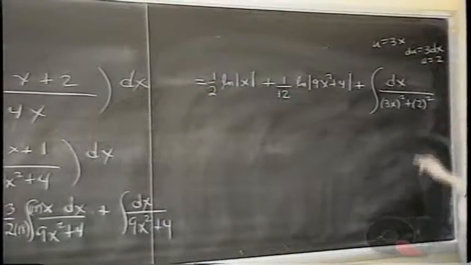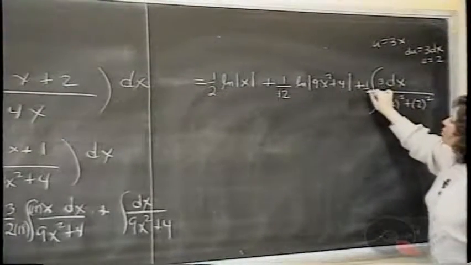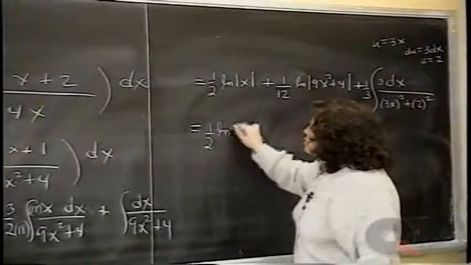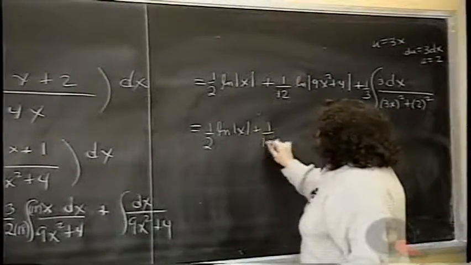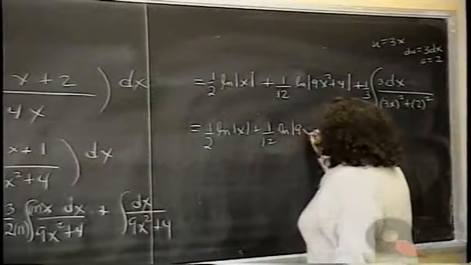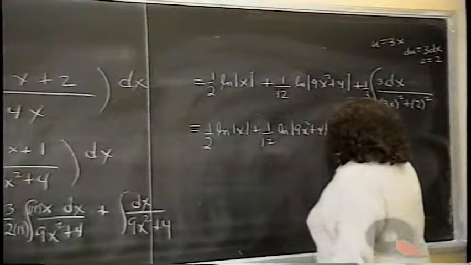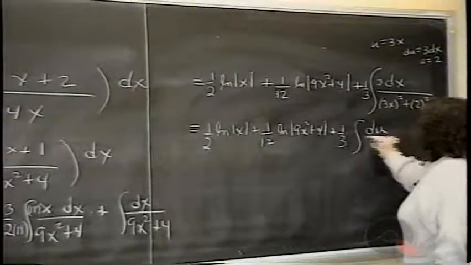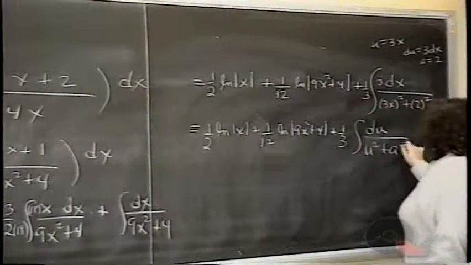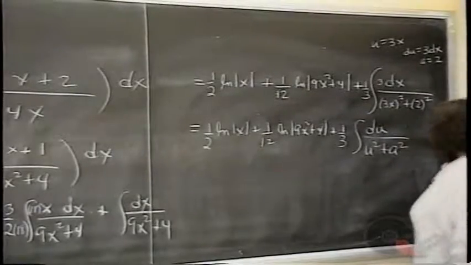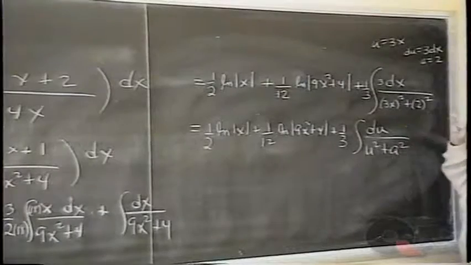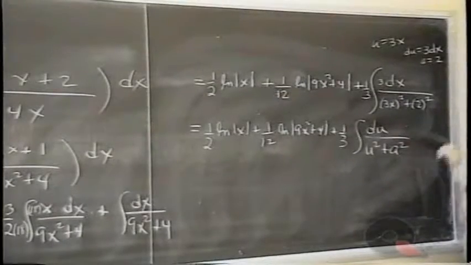So if you put a 3 in and a 1/3 in front, this becomes what we have. You don't really need the absolute value there. Plus 1/3 the integral of du over u squared plus a squared. But you should know that that, of course, is 1 over a inverse tan u over a plus c.